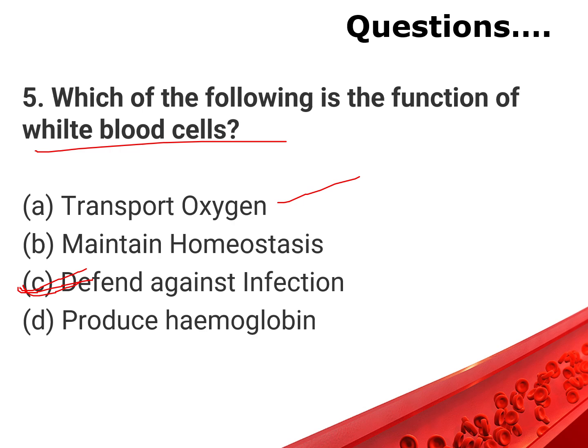Transporting oxygen is done by the RBCs, maintaining hemostasis, the whole blood will do this. Producing hemoglobin, we will see how the hemoglobin proteins are produced. So mostly it is produced in the ribosomes, right?